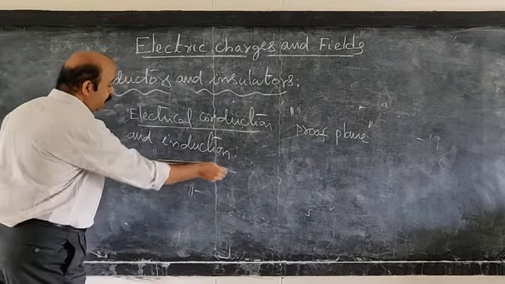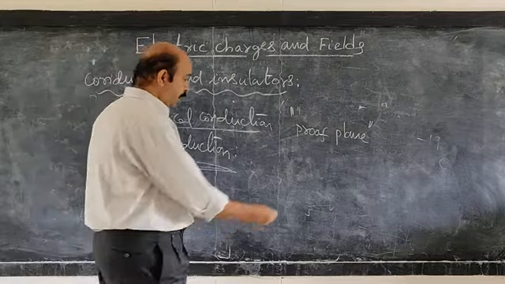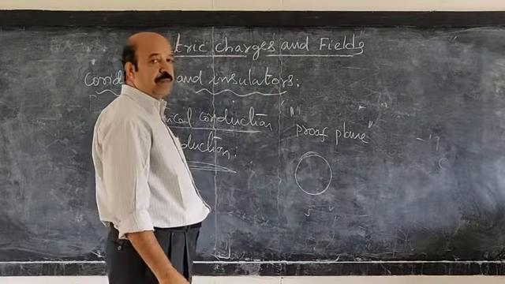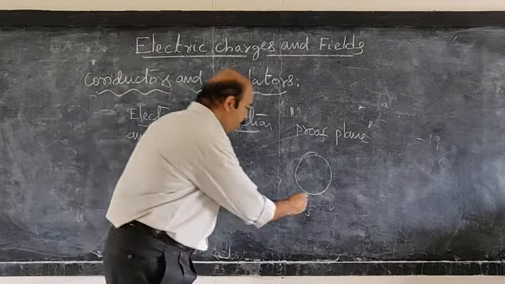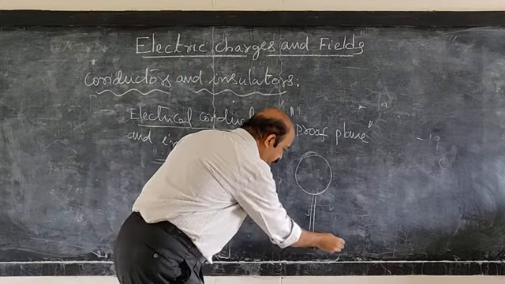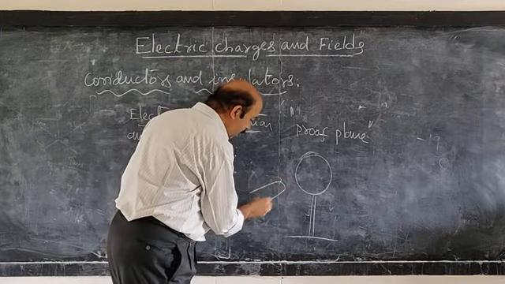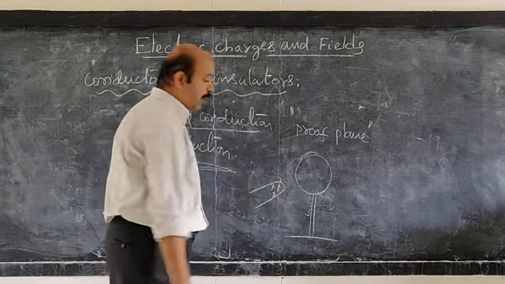Then what is induction? Suppose a neutral sphere, a metal body, is kept on a wooden support or insulated support, and you bring near to this a glass rod which has some positive charge.